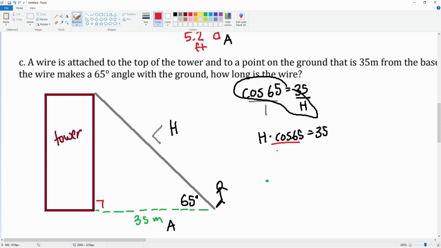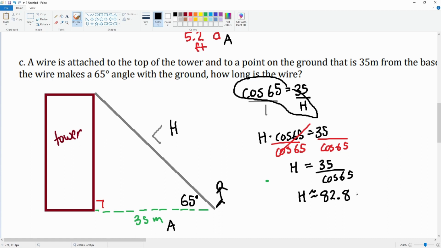Then h is attached via multiplication to the cosine 65, so we divide by cosine 65 on both sides. This cancels, leaving you with h is equal to 35 over cosine 65. Plug that into your calculator, you get 35 divided by cosine 65. You get h is approximately 82.8. What's the unit? Meters. So that is the length of the wire.